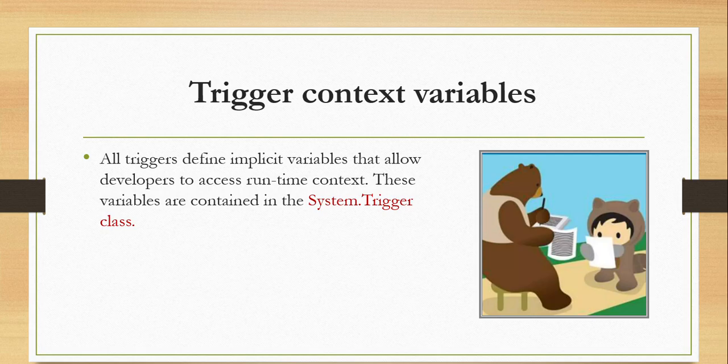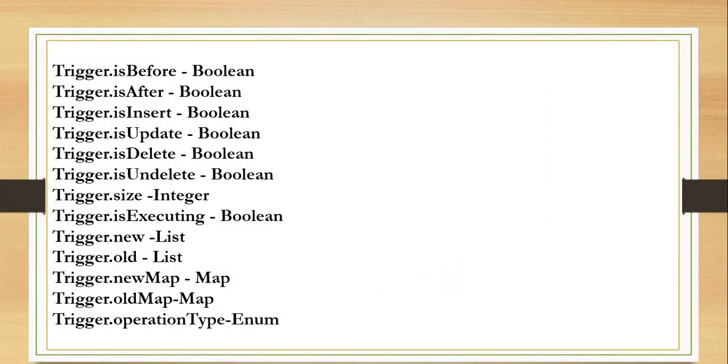These variables are contained in the System.Trigger class. Some trigger context variables are Trigger.isBefore, Trigger.isAfter, Trigger.isInsert, Trigger.isUpdate, Trigger.isDelete, Trigger.isUndelete, Trigger.size, Trigger.isExecuting, Trigger.new, Trigger.old, Trigger.newMap, Trigger.oldMap, and Trigger.operationType. These are the trigger context variables.